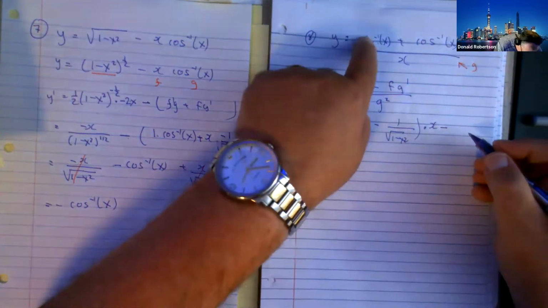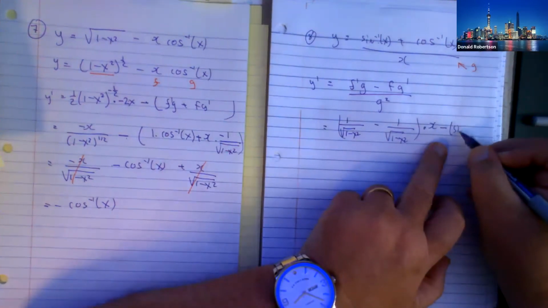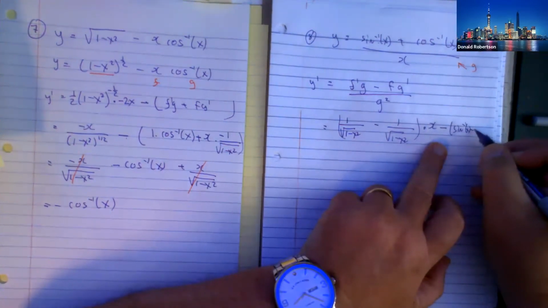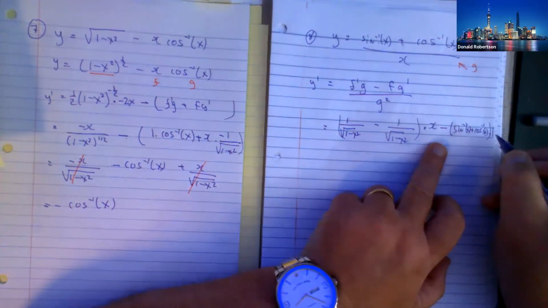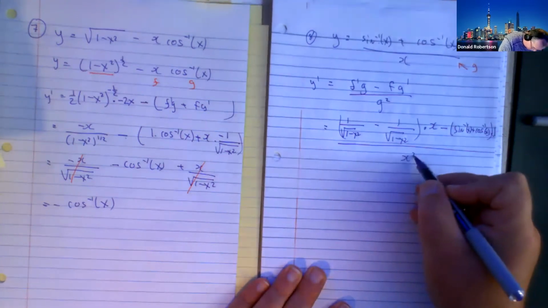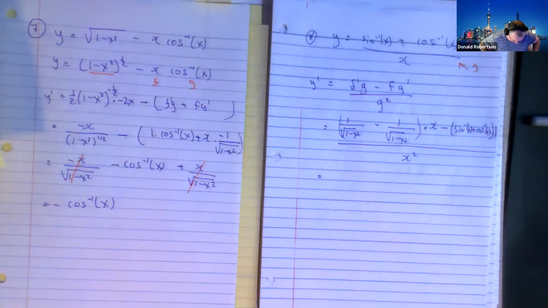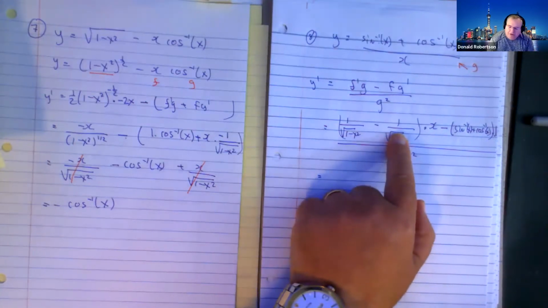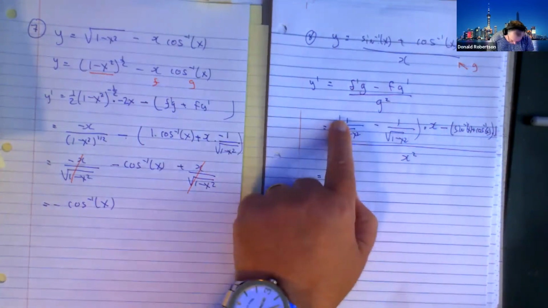Take away, do nothing to the top, leave it alone, times the derivative of x, which is 1, all over x squared. Those two guys kill each other off, so that term's 0.